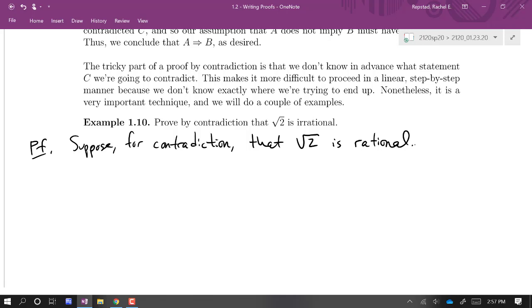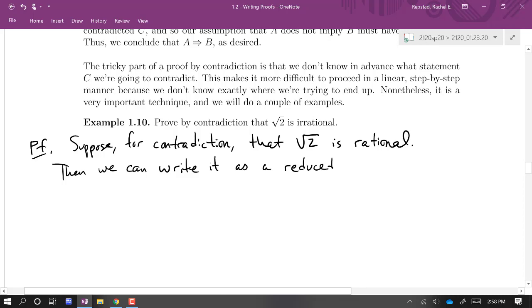I'm letting the reader know that right up front. What does it mean to be rational? That it can be written as a ratio of integers, one integer over another. And I'm going to add that stipulation that it can be written as a reduced fraction. So then we can write it as a reduced fraction.